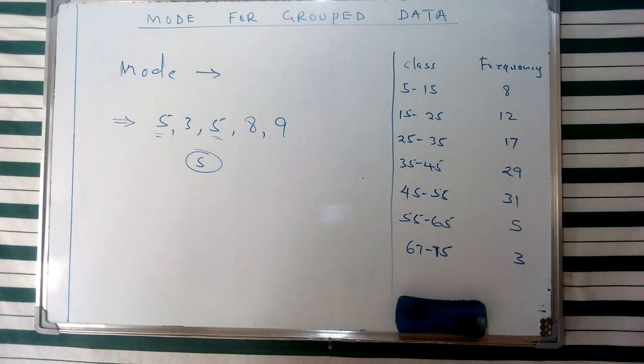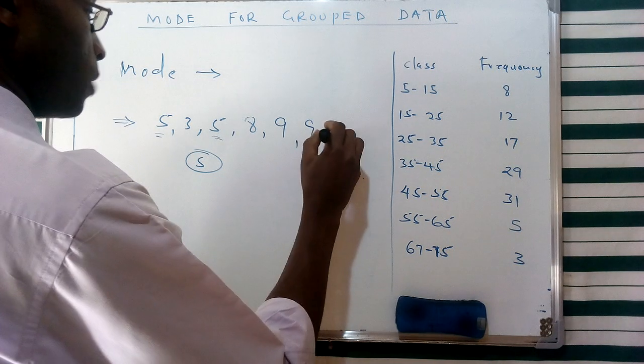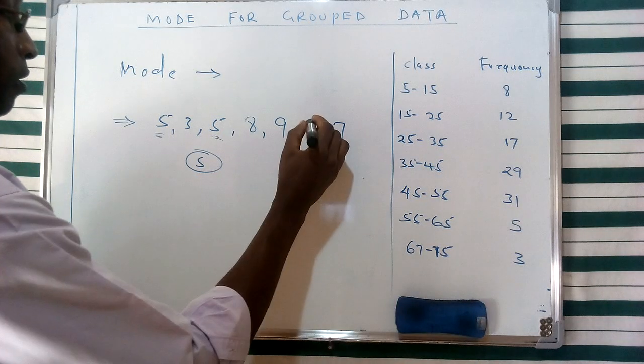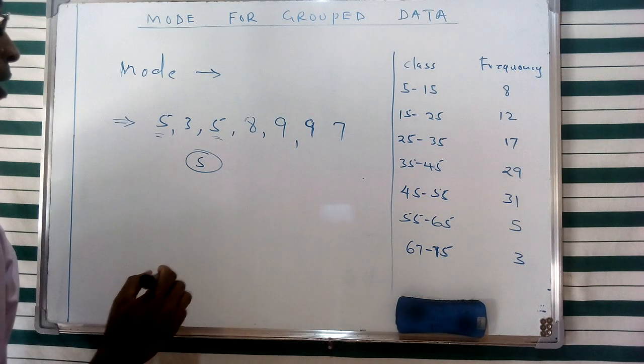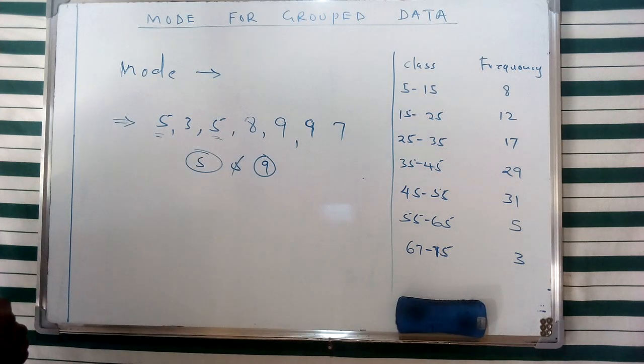Now, in some cases, we're going to have values appearing perhaps 2 times, so we can have the set given as such. If we consider these values, we're going to have an additional value which occurs 2 times.